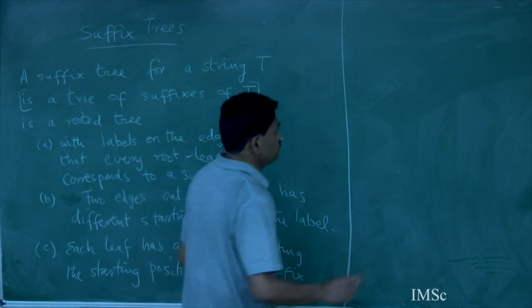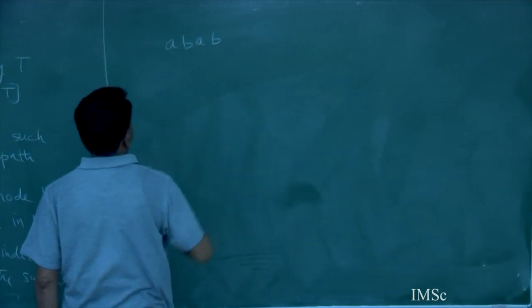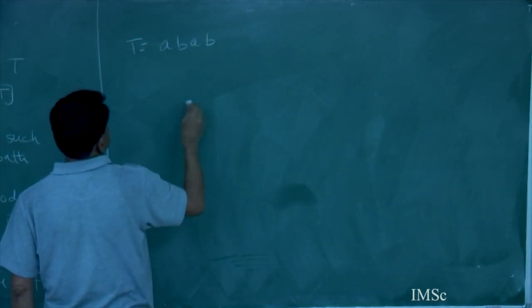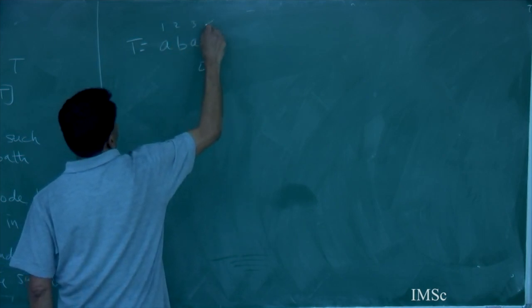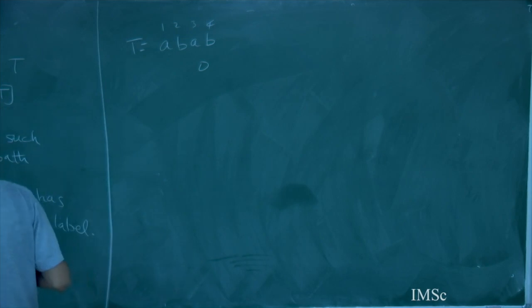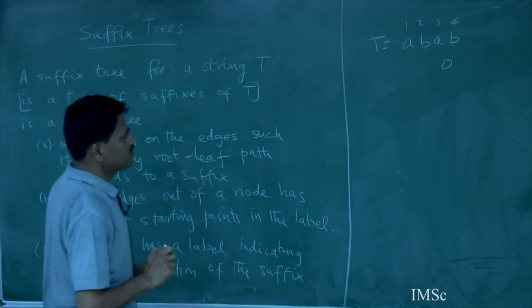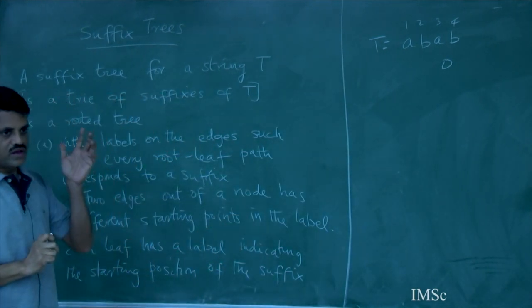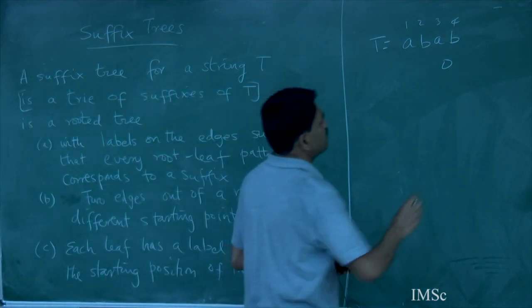Okay, so if this is my text T, we will have, so let's see, 1, 2, 3, 4. Okay, so for another technical reason, just to make sure that no string is a substring of another, we add this dummy character.